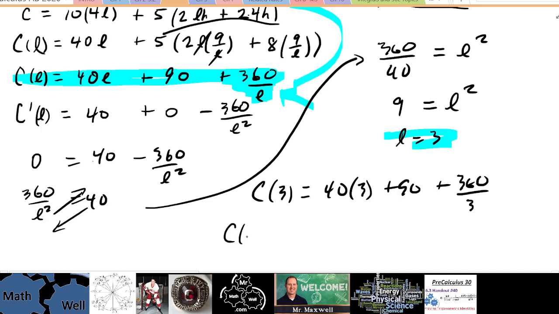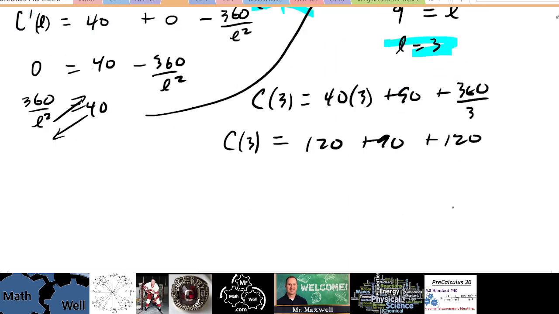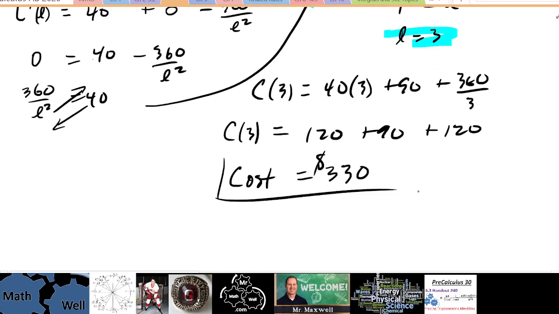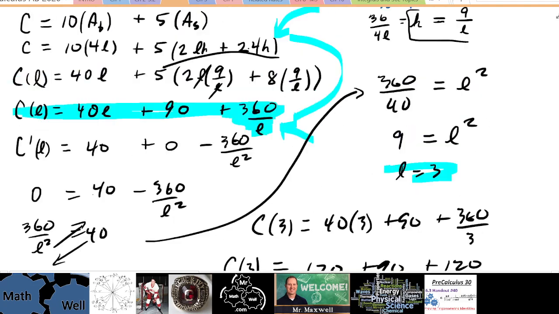So the cost where the length is 3, that's where this is going to be optimized, is going to be 120 plus 90 plus 120. So 240, 330. So the cost is $330. All right, so that should be your answer, $330.